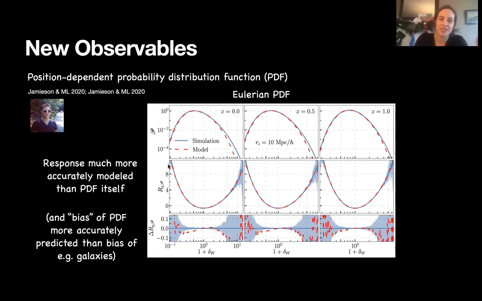This is just showing one bias factor. So you would have to measure the spatial correlation of the PDF for regions of this density cross-correlated with the spatial variations of the PDF for regions of this density plus, let's say, this density. Then you should treat the covariance correctly, and that should be equivalent to doing a multi-tracer analysis.